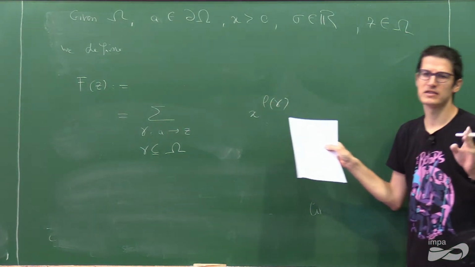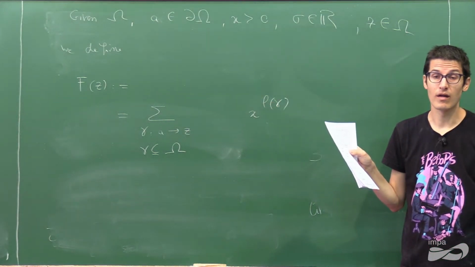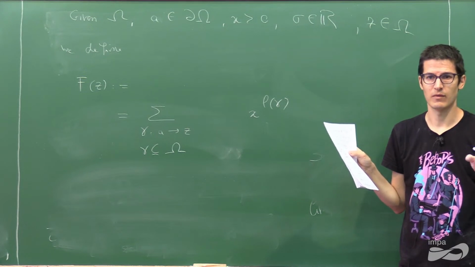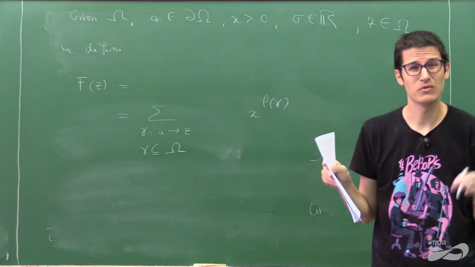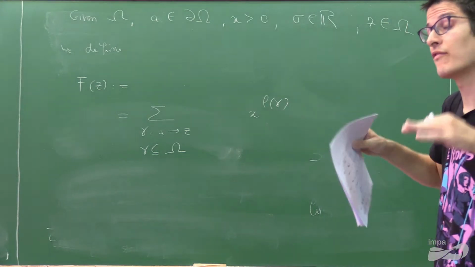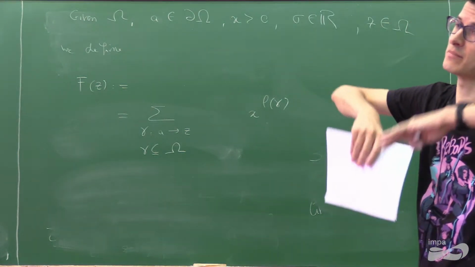So length of gamma is just the number of edges that, well, the number of steps that gamma is making. So like the number of mid-edges we have in the sequence minus 1.